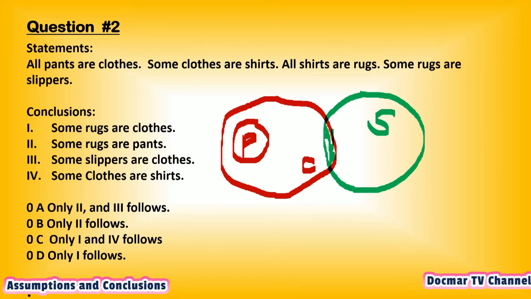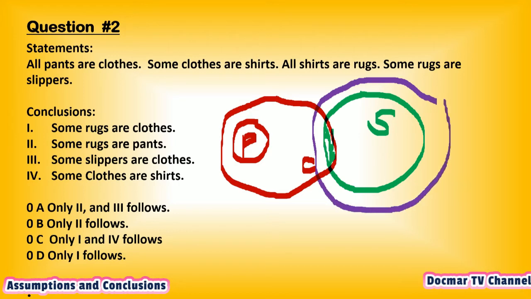So we have to make a big circle engulfing shirts. Some shirts are clothes, so this is easy because it's inside their intersection with the clothes. Therefore, all shirts are rugs. So this is R.